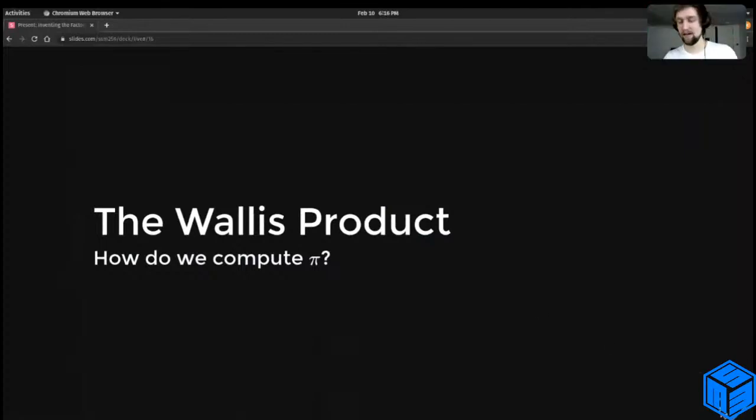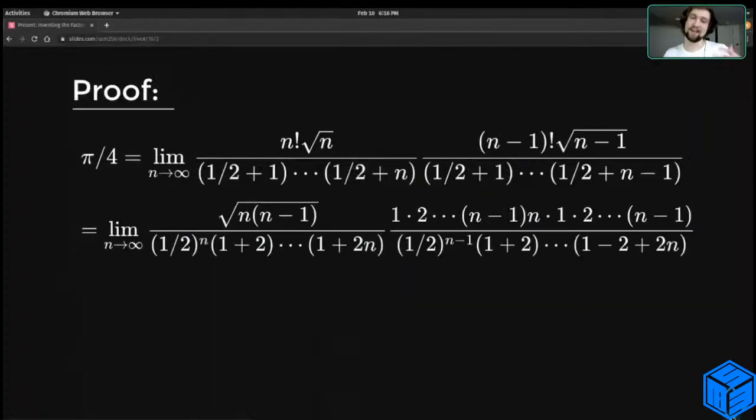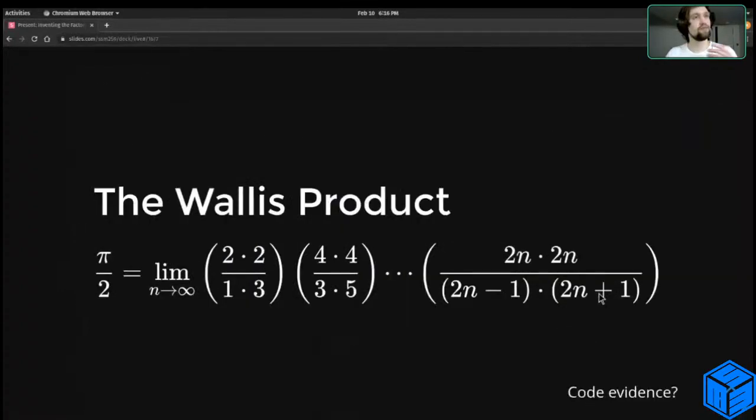And so it's a pretty common, or well, an old fact in mathematics, I guess old being like the 1650s, I believe. I should probably be checked on that. We can use the Wallace product, which converges to pi.